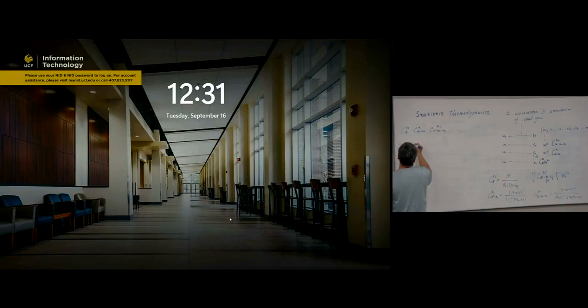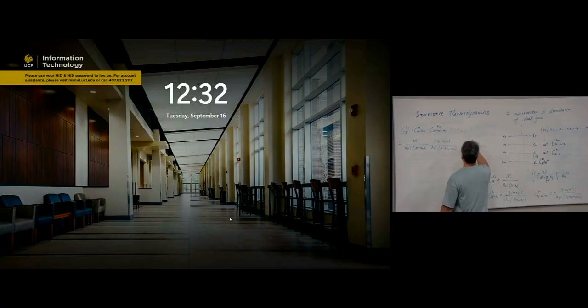Then this term equals what? N factorial over N0 factorial and N minus N0 factorial, and this one is N1 factorial and N minus N0 minus N1 factorial, and this is N2 factorial and N minus N0 minus N1 minus N2 factorial.